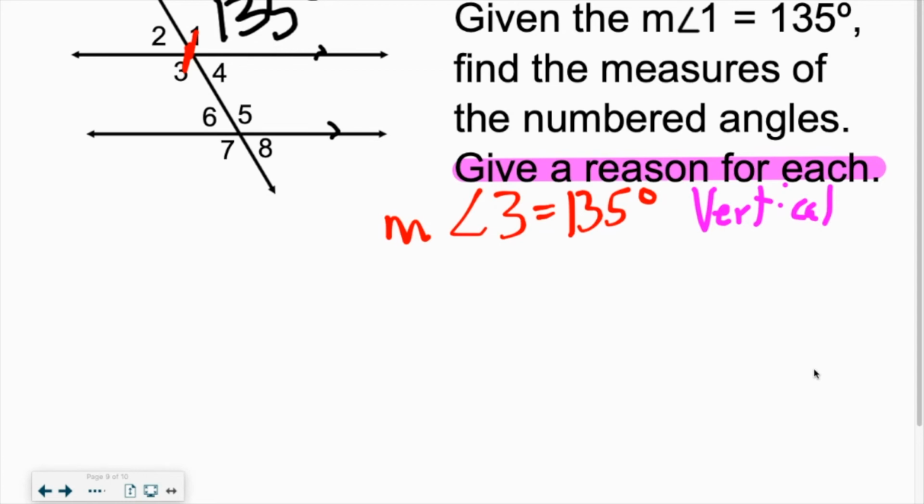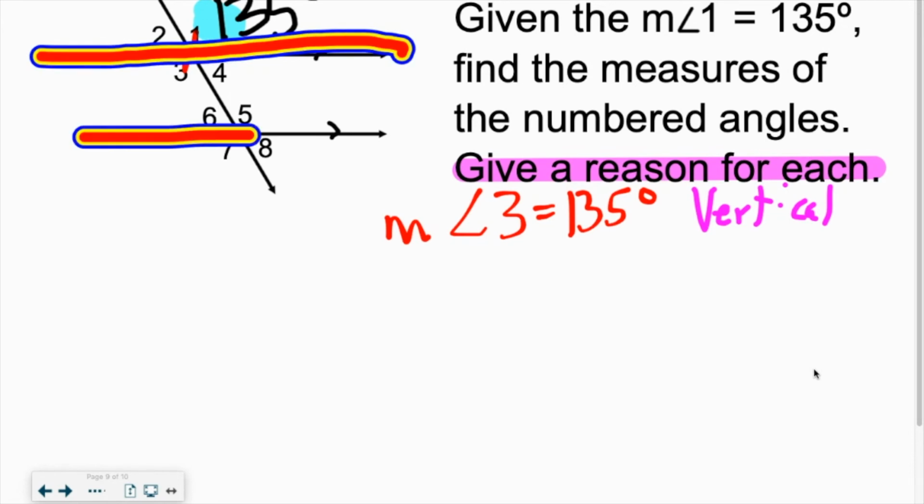When we're looking at this 135 degrees up here, if you're looking at these lines that are parallel, the 135 degrees is in the upper right, if you will. So going down here to this second parallel line, finding the angle in the same spot, the upper right spot, that's going to give you the ones that are in the same spot.